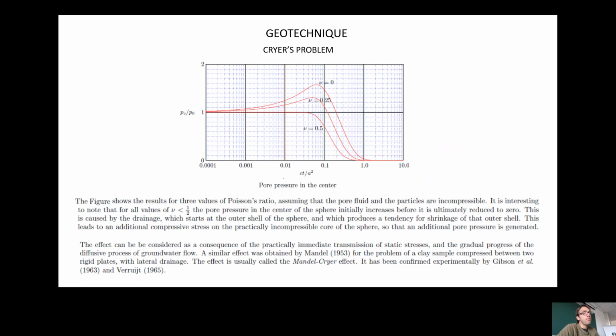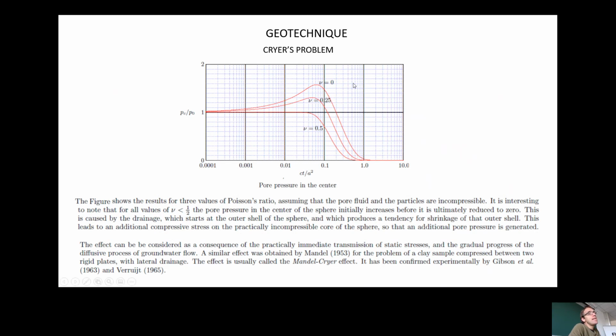This is caused, of course, by the drainage, which starts at the outer shell of the sphere and produces a tendency inside the sphere. So this leads to an additional compressive stress on the practically incompressible core of the sphere, so that an additional pore pressure is generated.